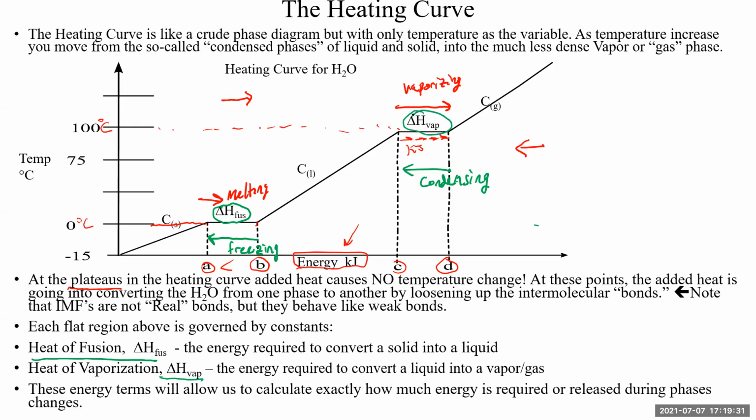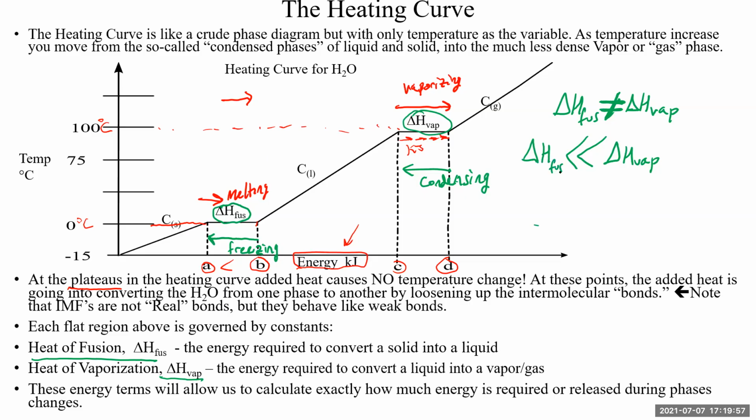These are two different energies, and other than sheer coincidence, these two energies are never even close to being equal. They do not equal. They are very different values. Delta H vap, the heat of vaporization, is often going to be significantly larger than the heat of fusion.